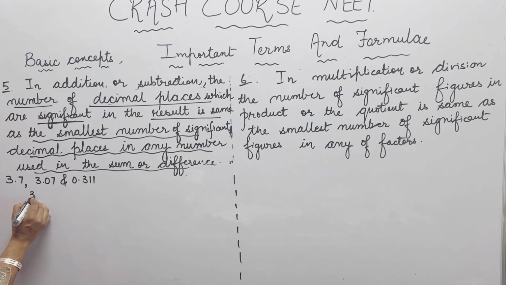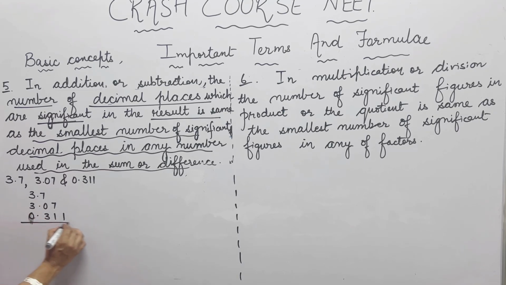If we add them, 3.7, 3.07, and 0.311, we are not clear about this third digit here. So we have it as 7.0.